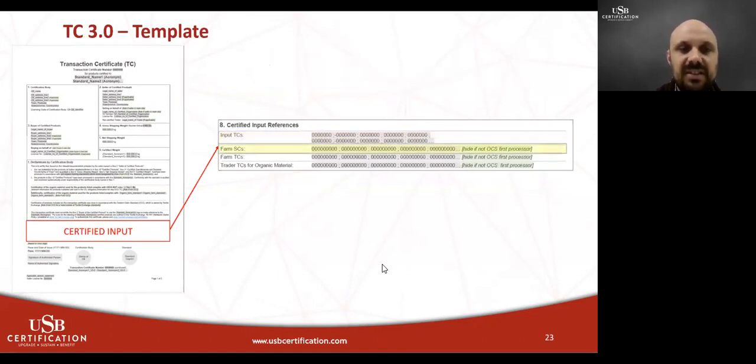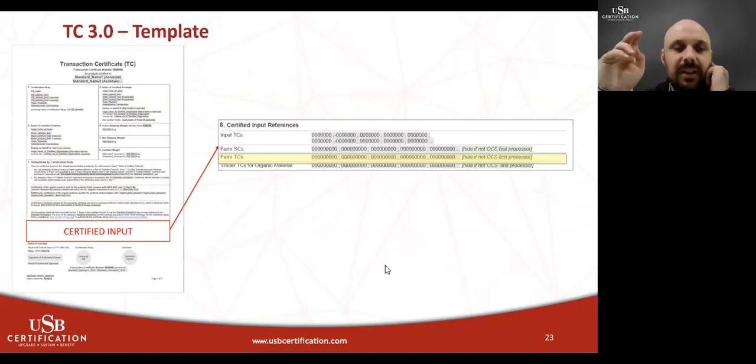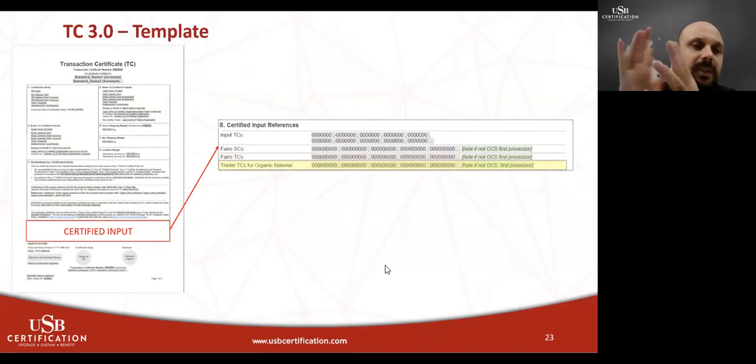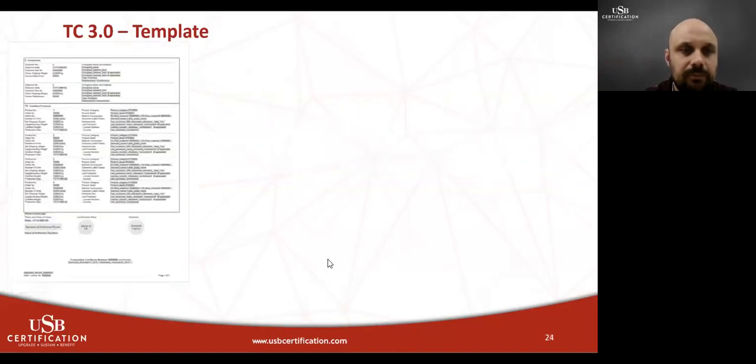If it's an OCS first processor or GOTS, then you have to declare farm scope certificates over here, and for applicable cases, not all regulations have transaction certificates on a farm level. You have to declare them over here. And if there is any trader in between a ginning site and or a farm site, then the transaction certificate will be listed over here.